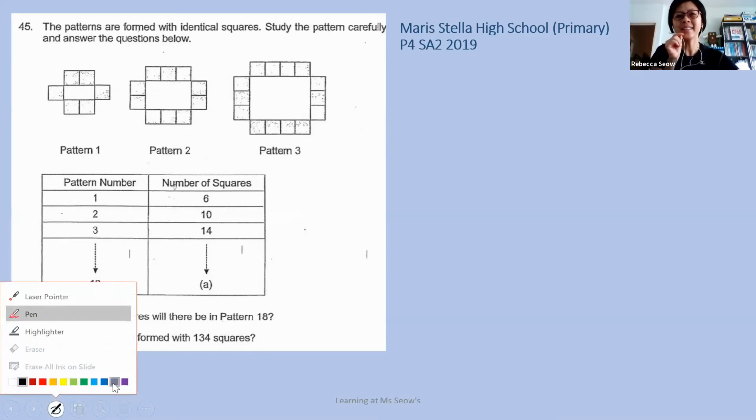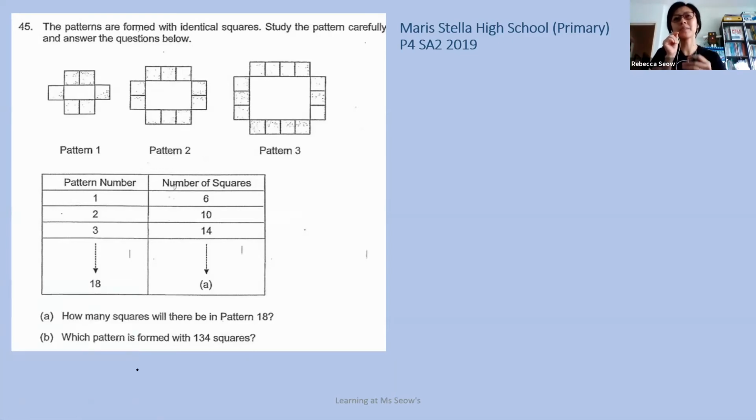Let's see whether the number of squares increases with the pattern number. From 6 to 10, yes, there is an increase of 4. From 10 to 14, there is also an increase of 4.